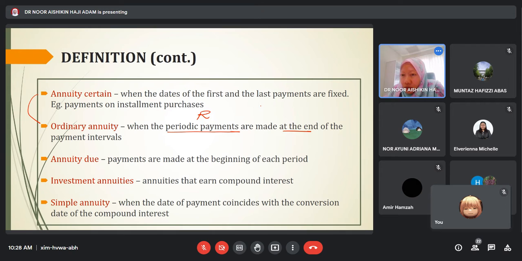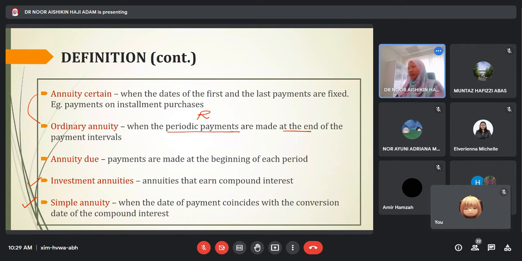Keep losing my cursor down there. Okay. Investment annuity ni pun kita tengok lah bila kita buat investment kan. Simple, so maknanya kita nak tengok simple ordinary annuity certain. What is simple annuity again? When the date of payment coincides with the conversion date of the compound interest.